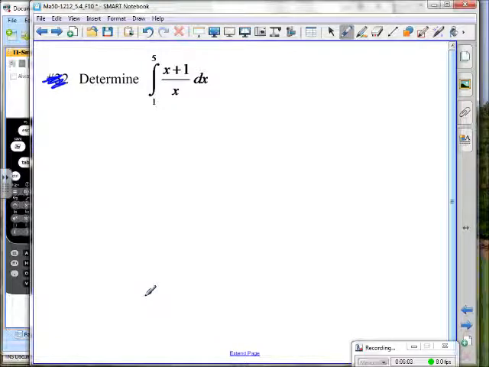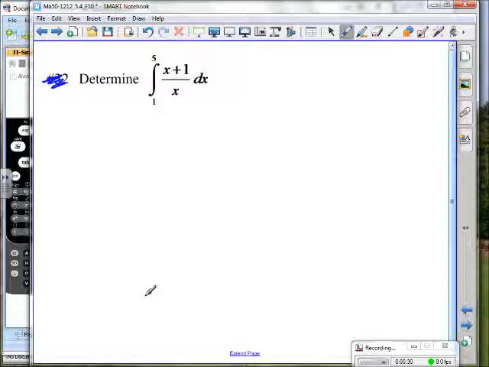So let's do one more example. Remember, we're in section 5.4. As far as the book knows, we don't know integration by substitution. And I will be kind to you. If it needs integration by substitution, I'll tell you that, okay? So you won't have to guess. And if it's not integration by substitution, then you can assume it's simple integration.